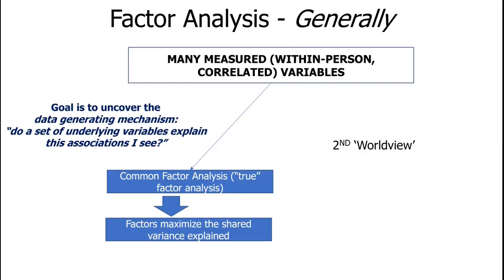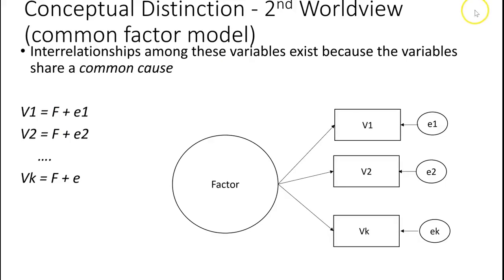So again, if you think about the common factor model as saying that the interrelationships among the observed variables exist because the variables share a common cause, then we're saying the only source of responding in the observed variables comes from the common underlying factor or dimension.